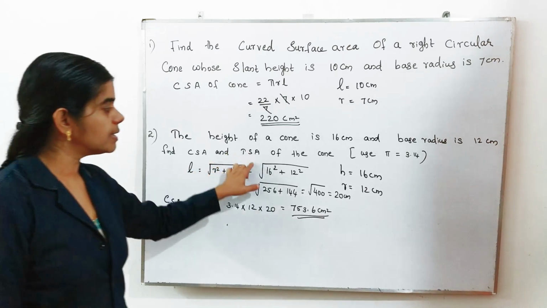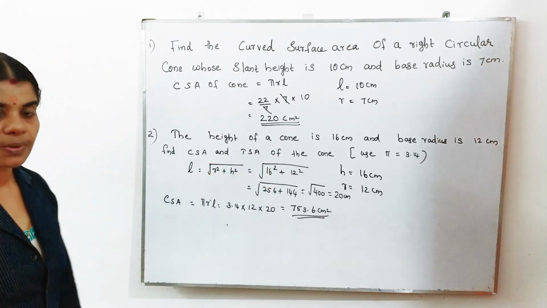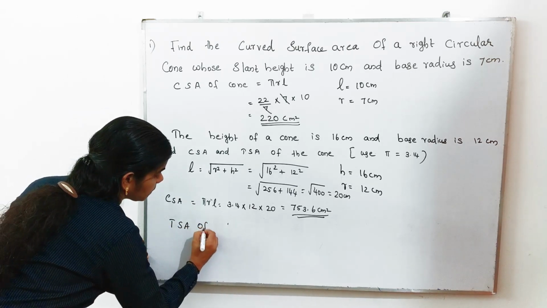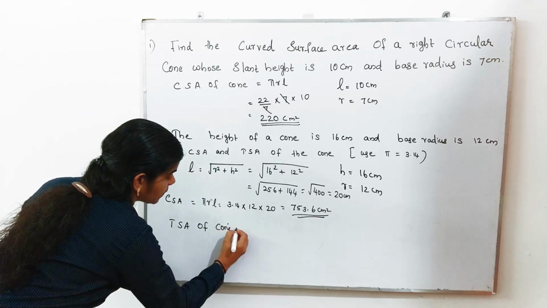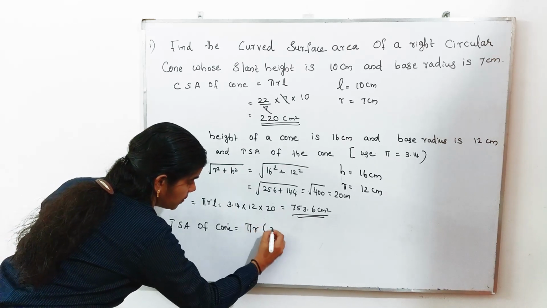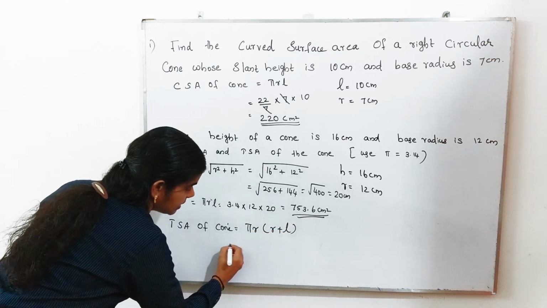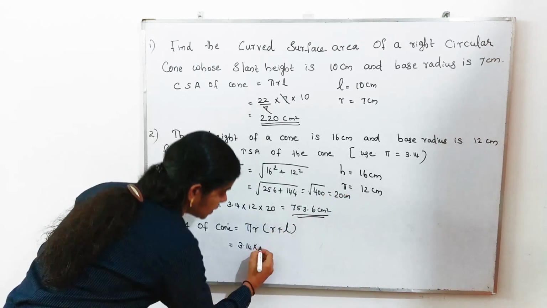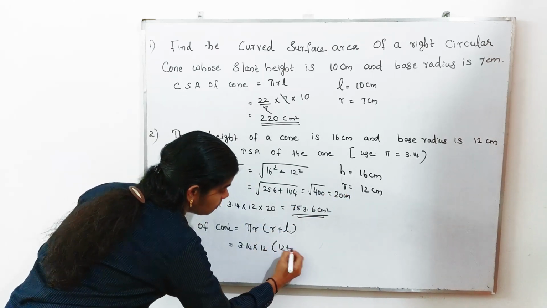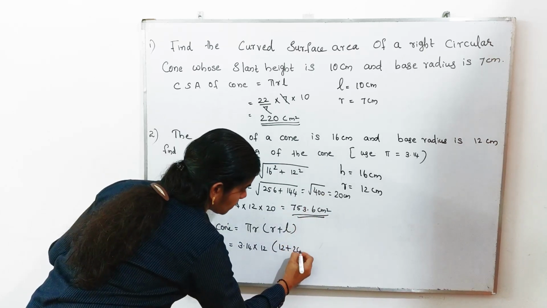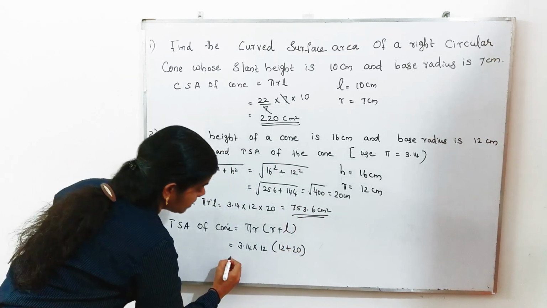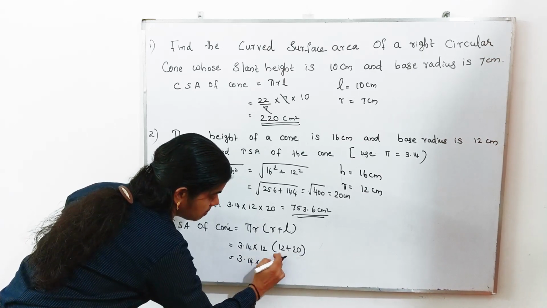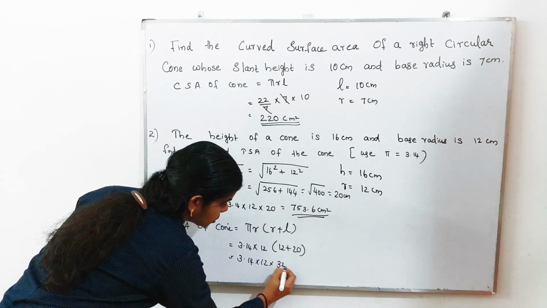Next they ask the TSA of the cone also, that is the total surface area. TSA of a cone is equal to pi r into r plus L. Then substitute the values. 3.14 into r is 12, then 12 plus 20. That is 3.14 into 12 into 32.